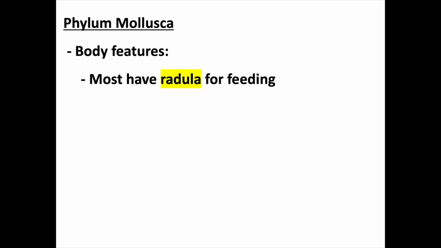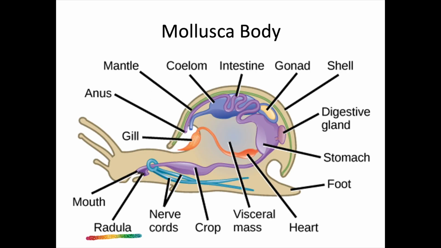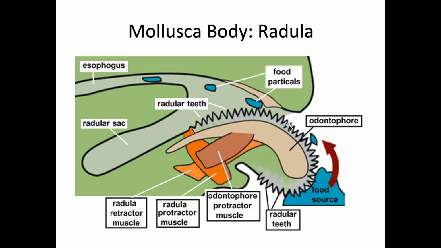Now, there's another body feature that they don't all have. Again, they all have a mantle, they all have a foot in one form or another. Most of them have this structure called a radula. The radula, you see labeled here, is something associated with the mouth. So the radula is used for feeding.